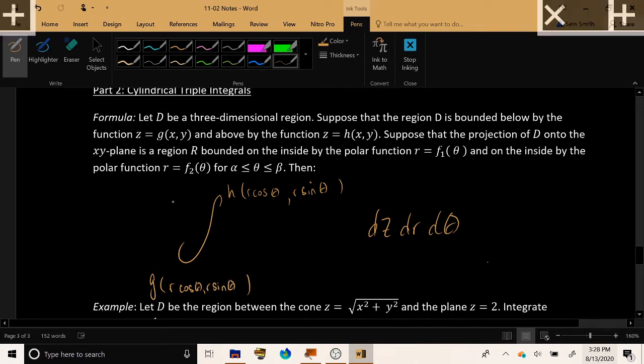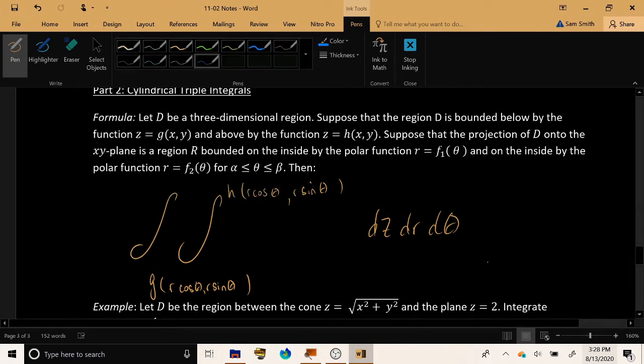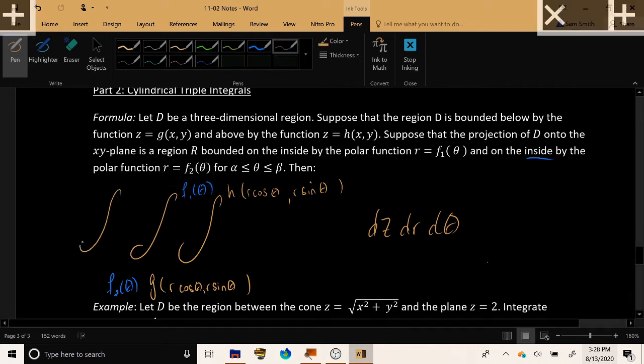The r limits stretch between the lower function of theta, the bottommost function, so on the inside, f1 of theta, and on the outside, f2 of theta, and theta itself stretches between the angles alpha and beta.